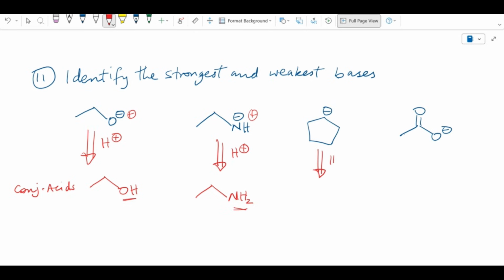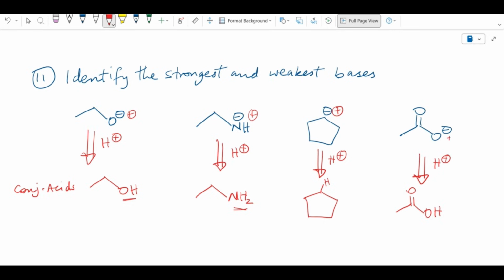If you add a proton here, you would have this. Of course, you assign a positive charge to the same carbon atom, which will cancel out the negative charge. So you have a neutral cycloalkane. Here, the conjugate acid will be carboxylic acid.